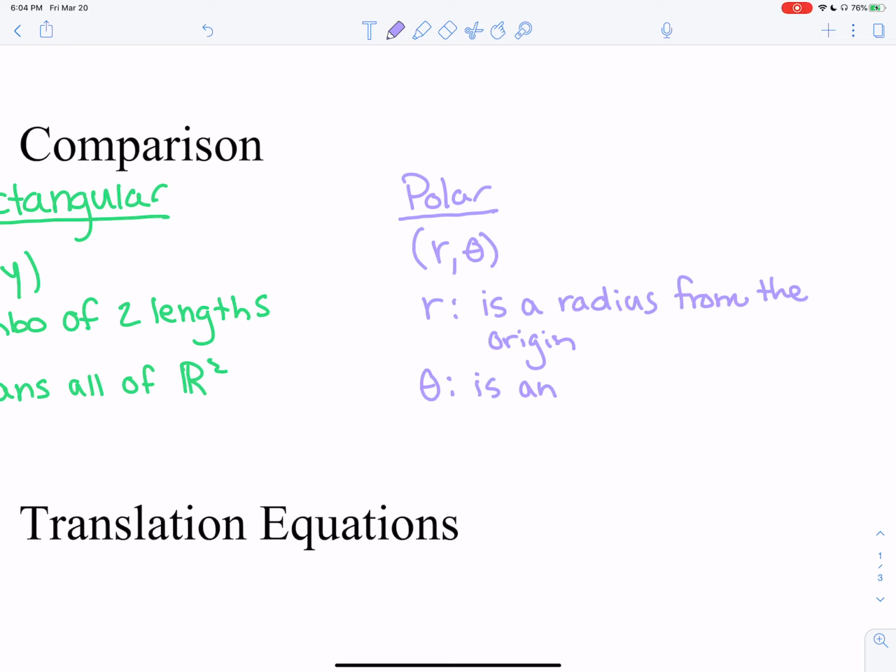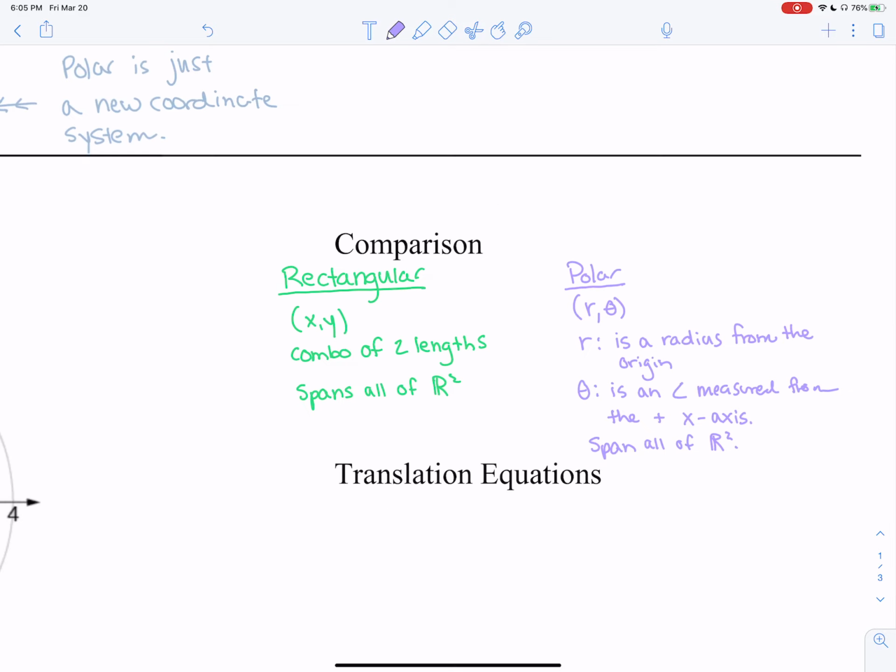So instead of a length and a length, we can now express every point as the combination of a length and an angle, measured from the positive x-axis. And just like rectangular coordinates, this will also span all of R2. So the entire xy plane can be expressed with polar coordinates.